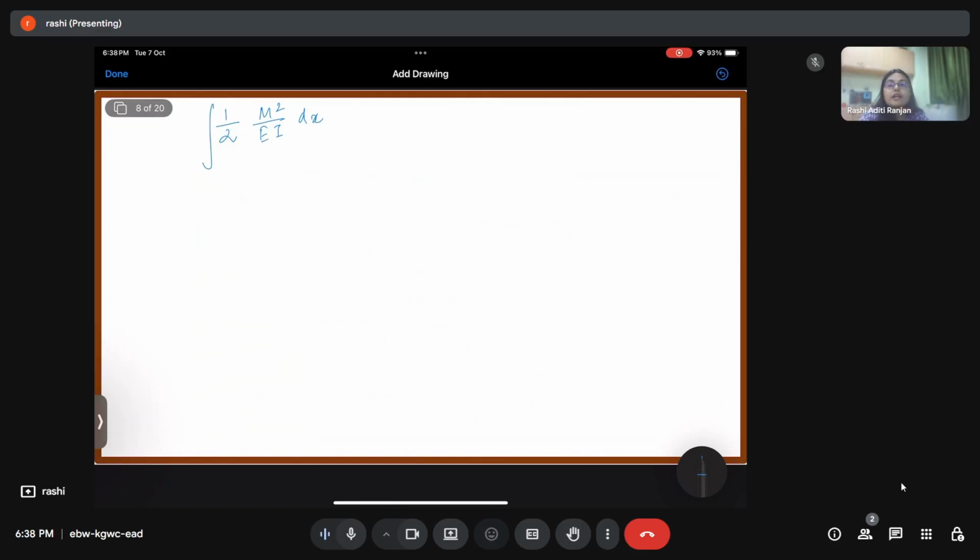Further, how can we write M square? We can write M square as E square I square by R square. Correct?